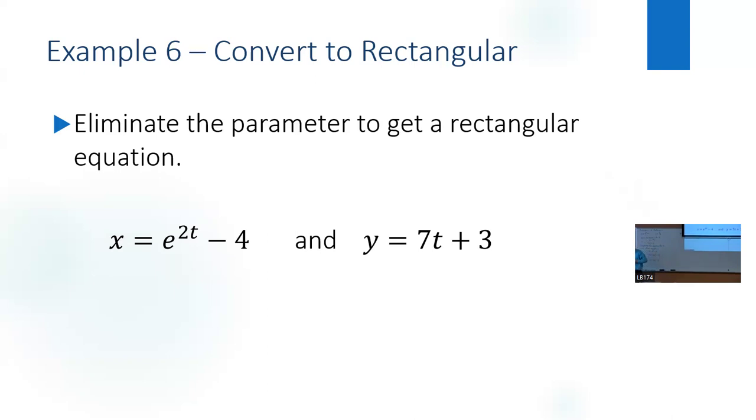Go ahead and use the same technique we did. This is what I call direct substitution. Just solve for t in one of the equations, and then substitute in the other equation.